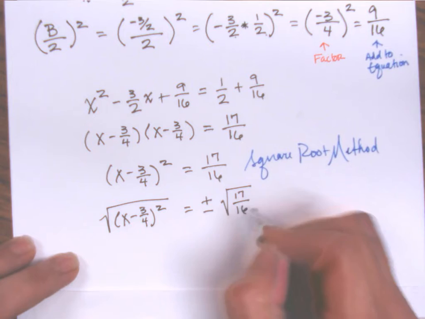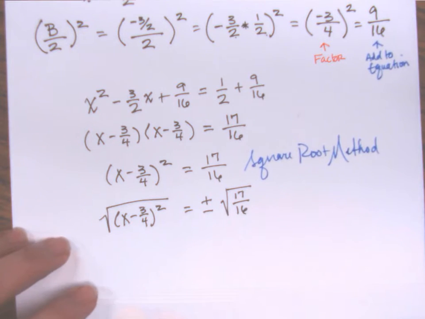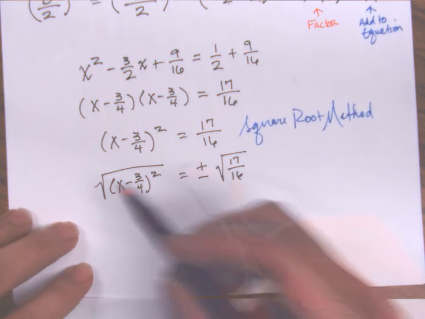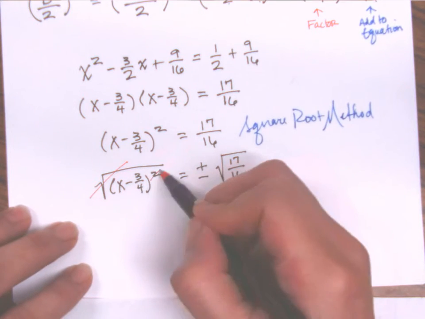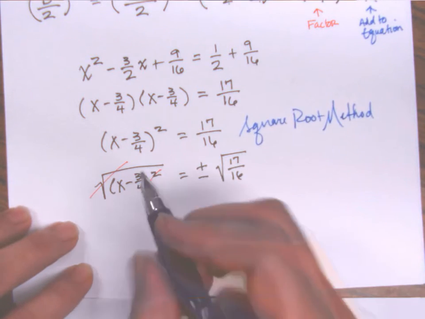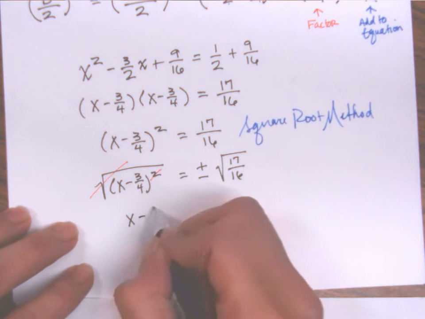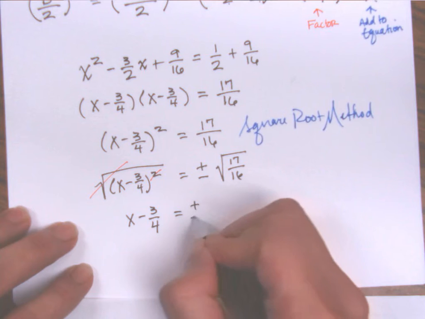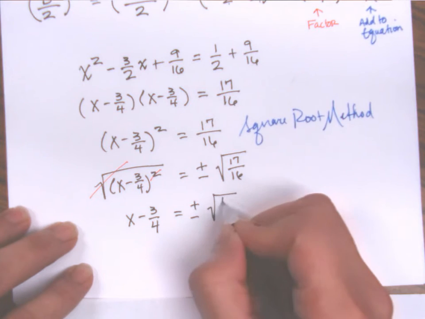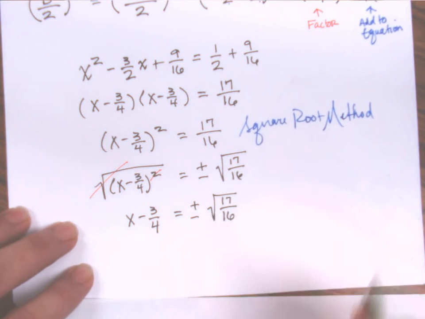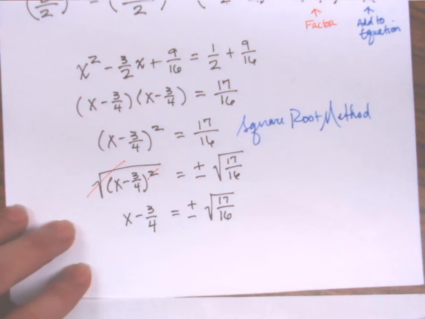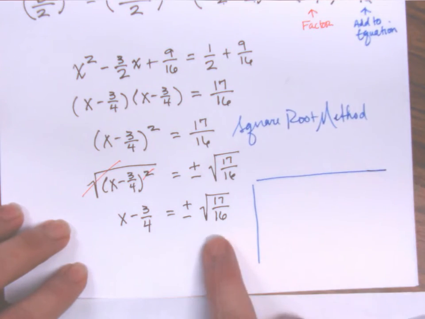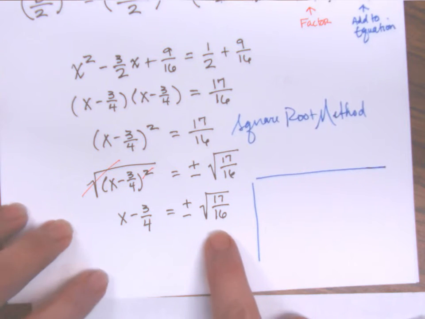Okay. So the entire point was so that my radical would cancel out my square, and now on the left-hand side, I have x minus 3/4 equals plus or minus square root of 17 over 16. Right here in the corner, I'm going to simplify my square root of 17 over 16.